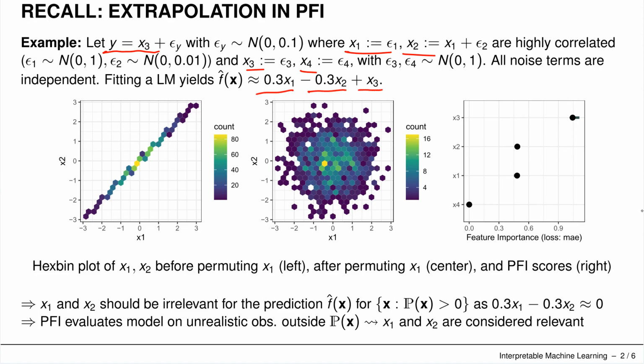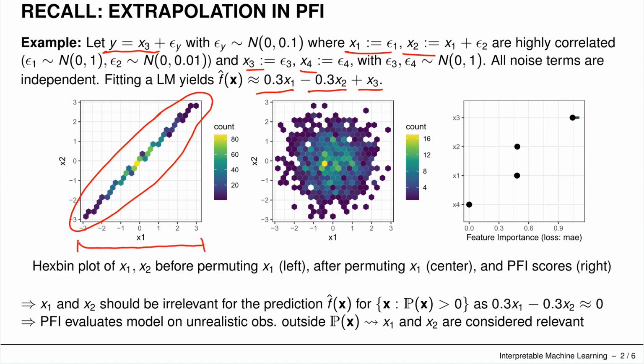We had this relationship, so highly correlated x1, x2, and we also see, as on the slide before, that x1 has values on the full range here.